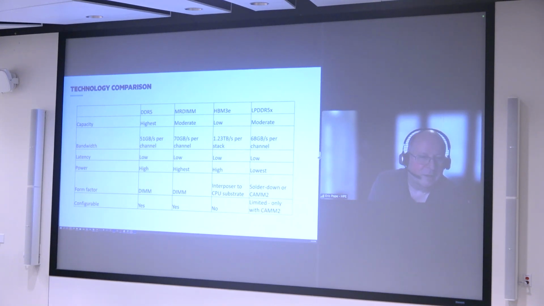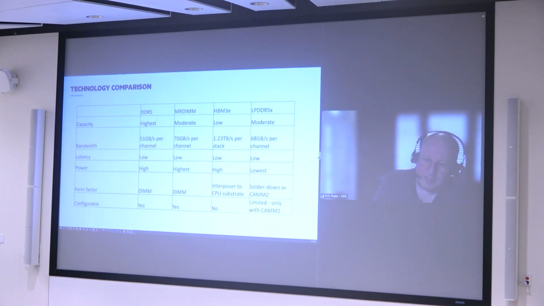The form factor on DDR5 and MRDIMM, they share the same DIMM form factor. They plug into the same DIMM socket. HBM, it's inside the CPU package. So if you choose the CPU or the GPU that has HBM in it, you've also chosen the HBM memory. And then LPDDR is solder down and CAMM.